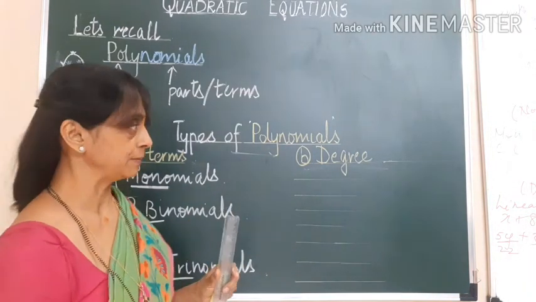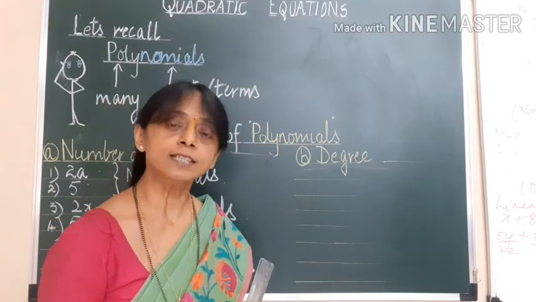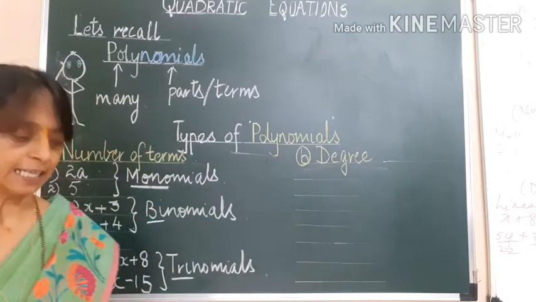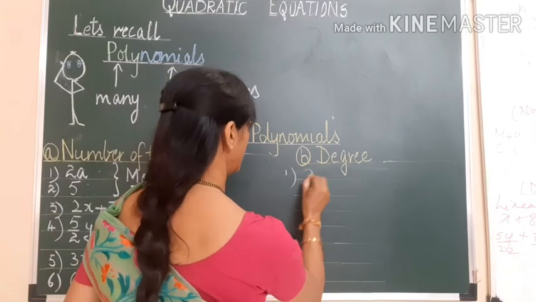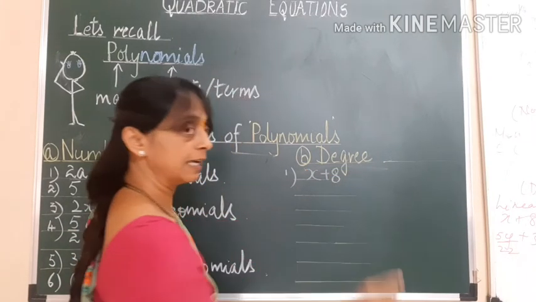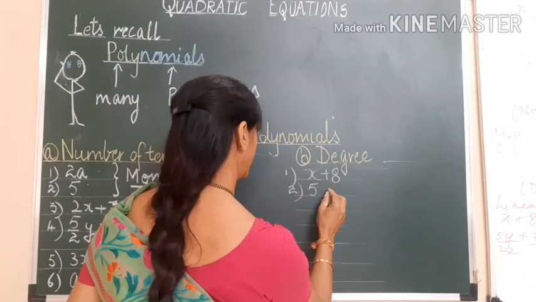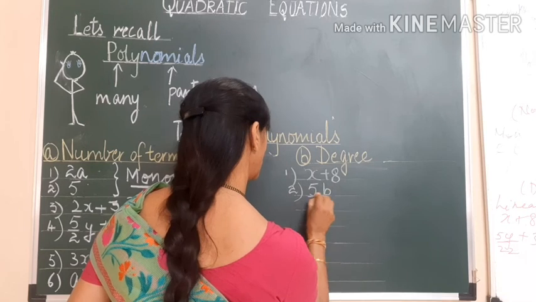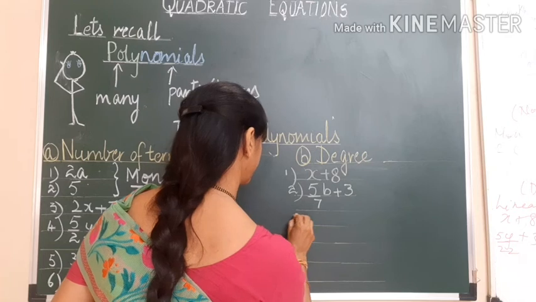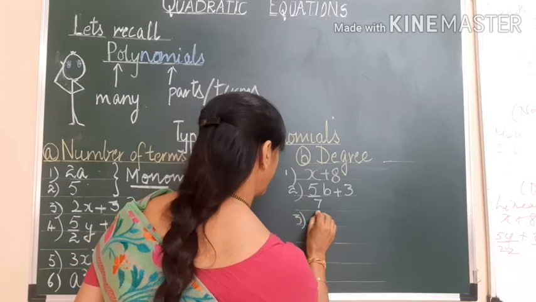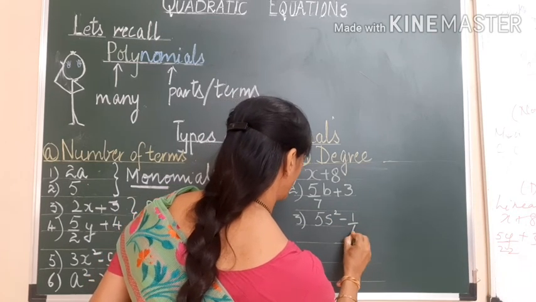Let's move on to the other category. Polynomials, the different types can also be specified depending upon the highest degree of the variable that it contains. Let me take examples, children. x plus 8, 5b upon 7 plus 3, 5s squared minus 1 upon 4.